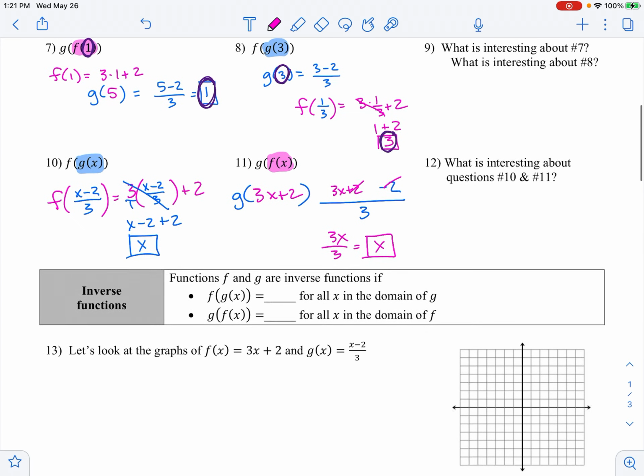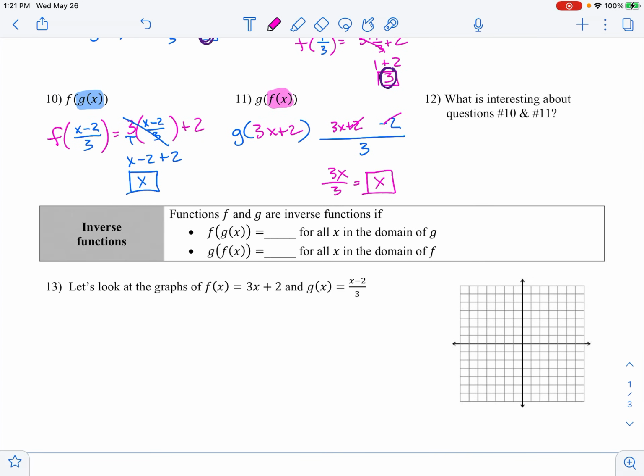So you want to use composition of functions to check for inverses. You must check both of these if you are answering the question, are these two functions inverses? Must check both f of g and g of f, and you better get x back in the end.